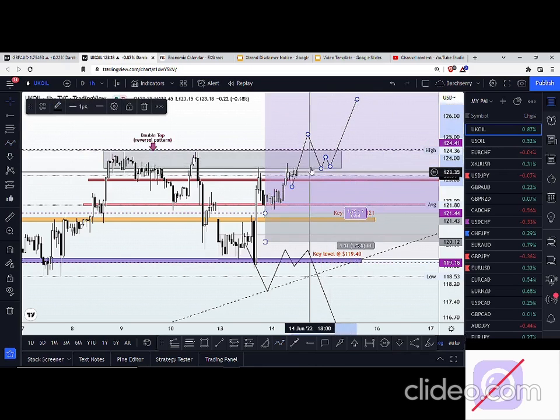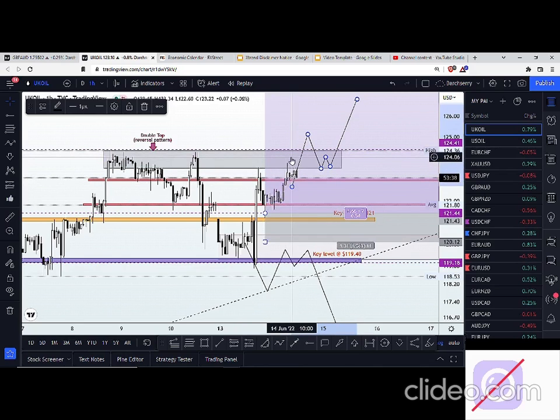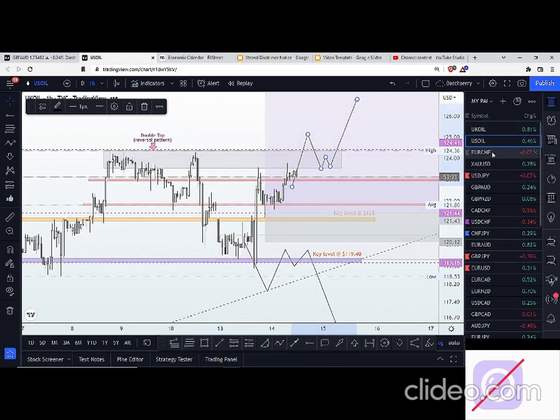If that happens and we see confirmations, then we want to move our stop loss from the break-even area to the $123 area. For the new entry at 124.39, we move our stop loss to the $123 area. So that is what we discussed on the UK oil. Then we moved on to the US oil.